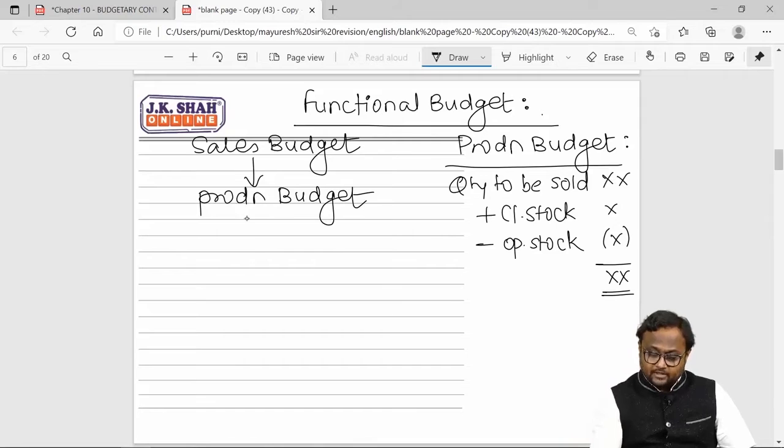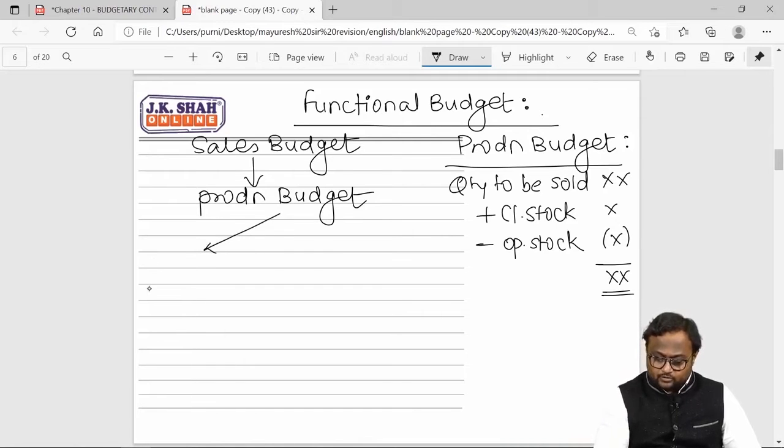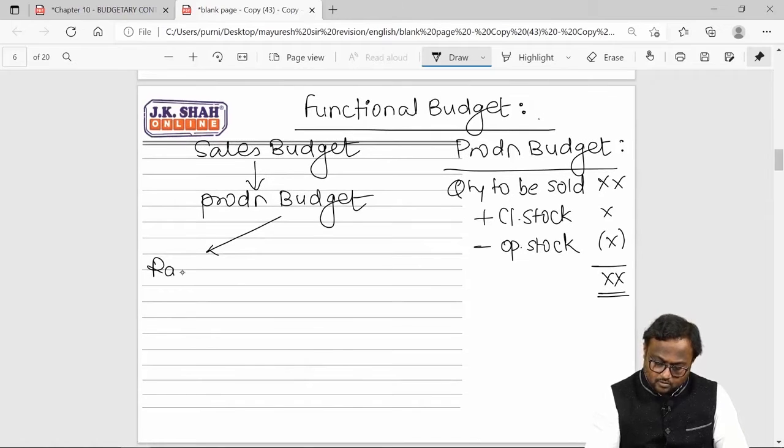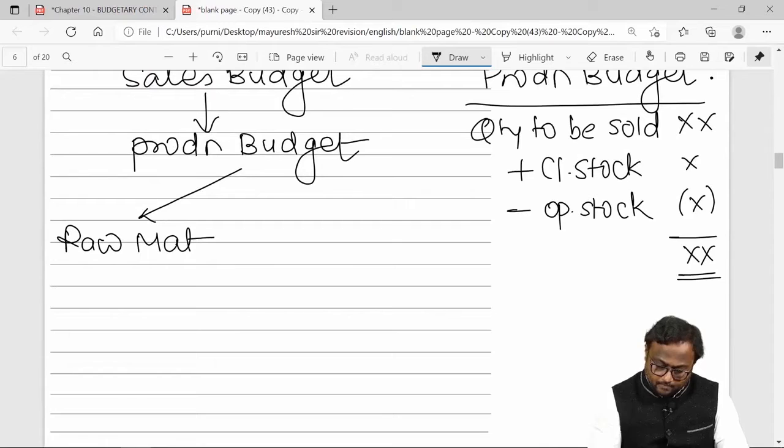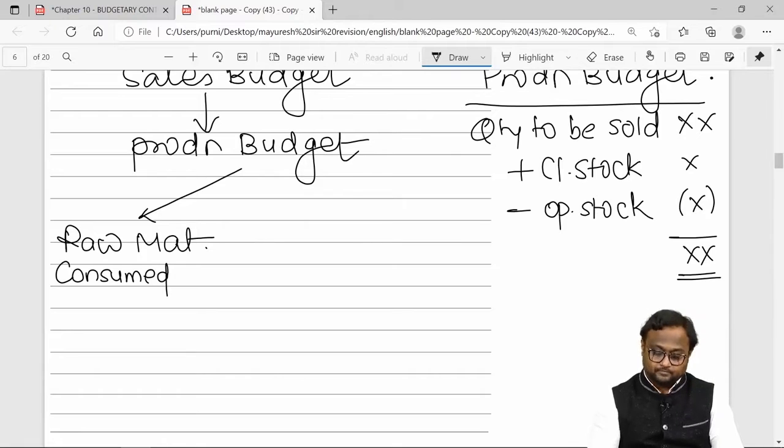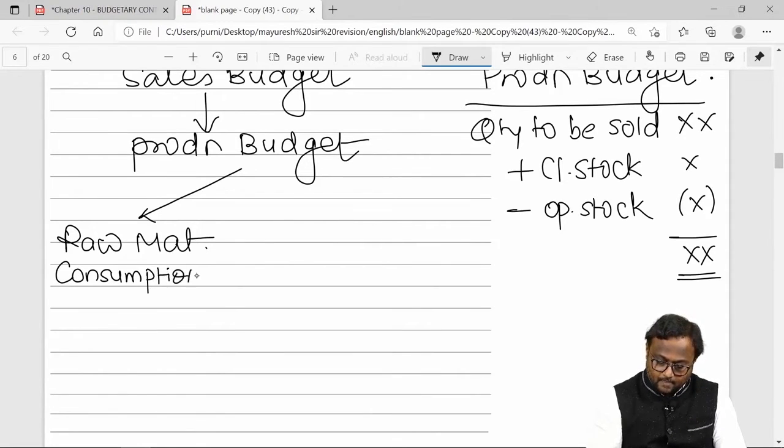And the moment you get quantity to be produced, you can easily find out how much raw material is required to be consumed. So this will be your raw material consumption budget.